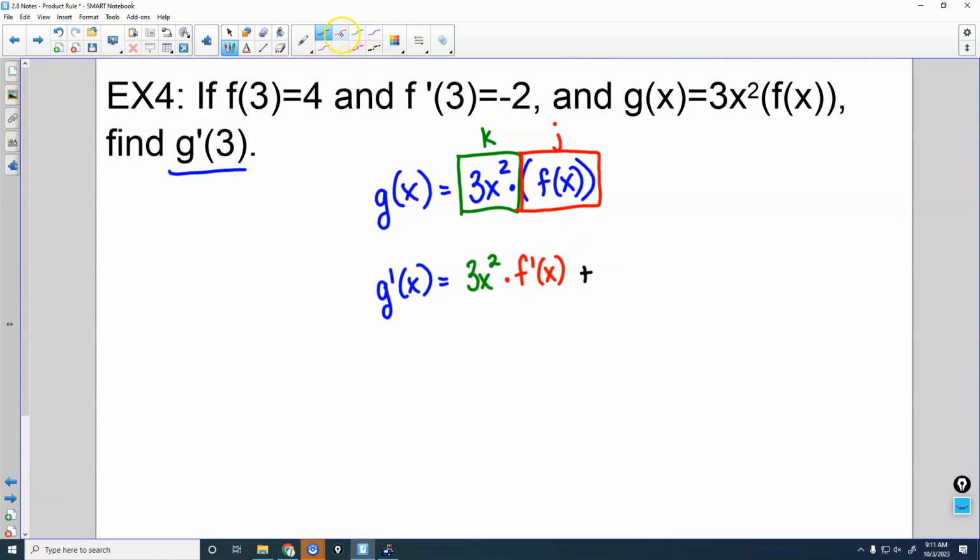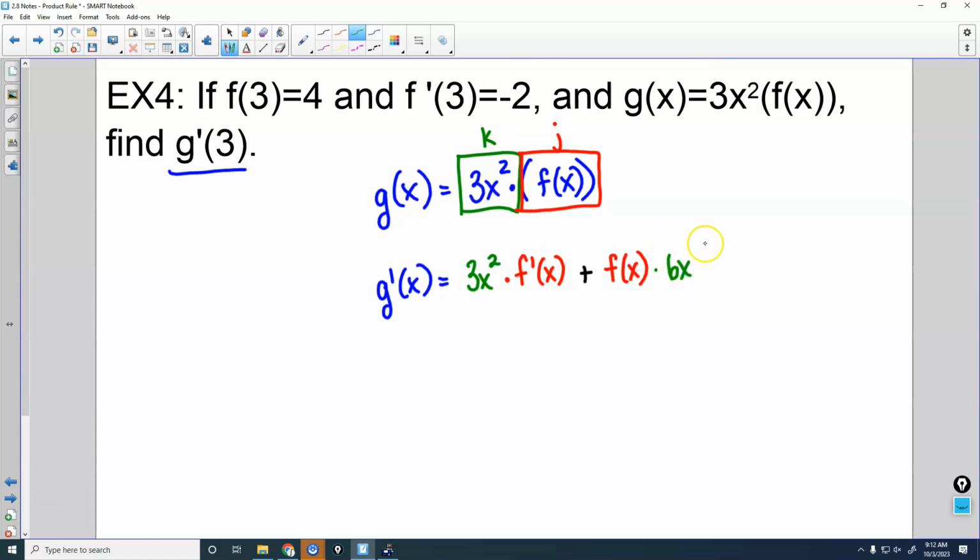Plus, now we got to do J, which is f of x, just plain f of x, times the derivative of K. Troy, what's the derivative of our K part? Our K part's our 3x squared. What would the derivative of that be?